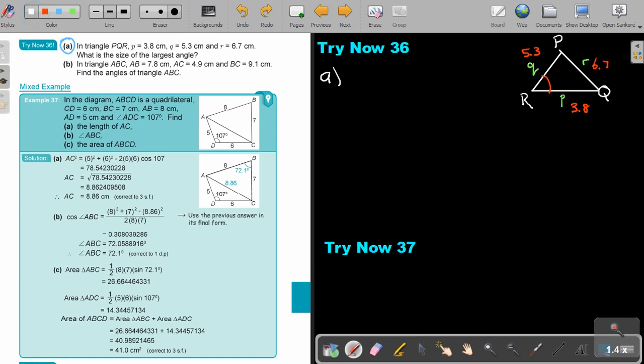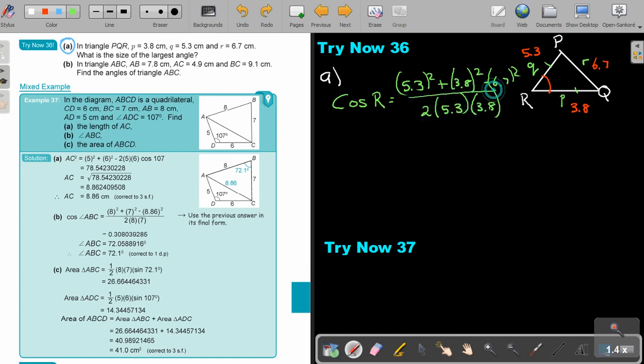So then start by saying cos R is going to be the two around. What is the two around? 5.3 squared plus 3.8 squared minus 6.7 squared, divided by 2 times 5.3 times 3.8.